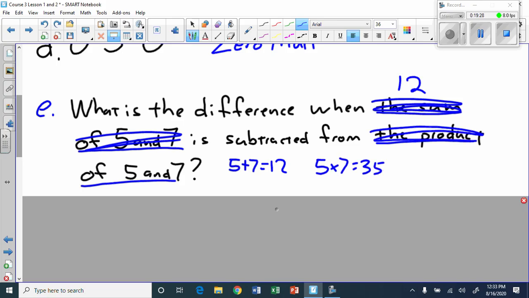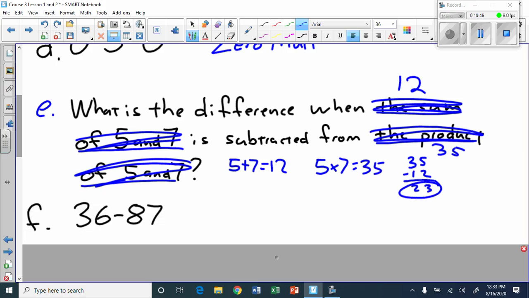So I'm going to get rid of this, 35. So now I can think through, what is the difference when 12 is subtracted from 35? 35 minus 12, 23. 23 should be my answer.